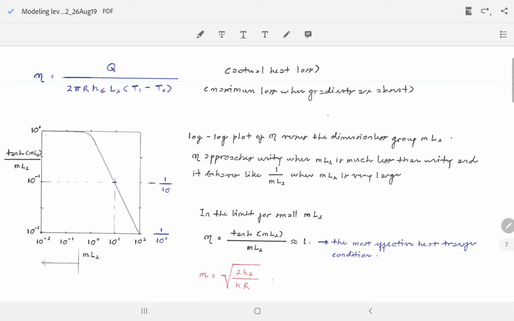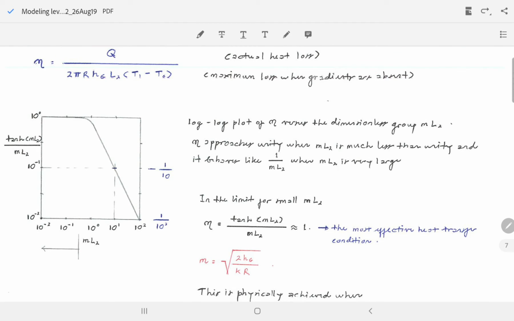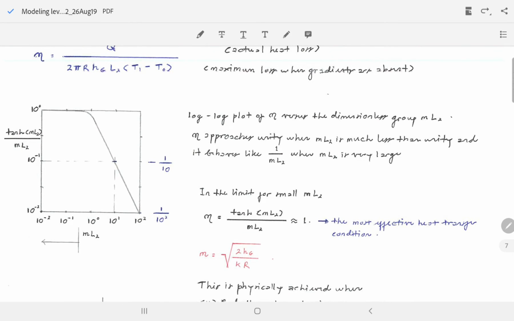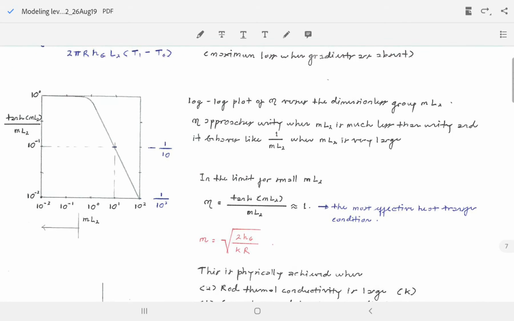If we plot this one and carefully calculate the values using a calculator or a spreadsheet, we can find that this effectiveness factor approaches 1 when ml2 is much less than 1, and it behaves like 1 divided by ml2 when ml2 is very large.